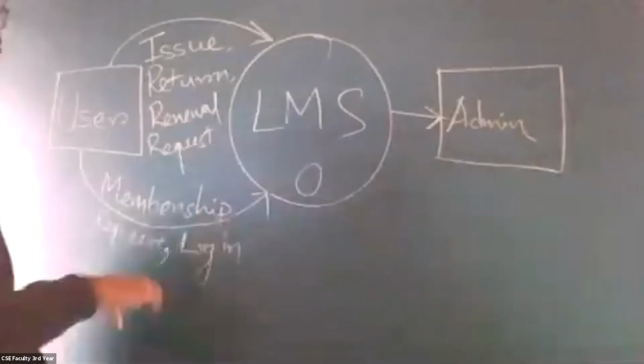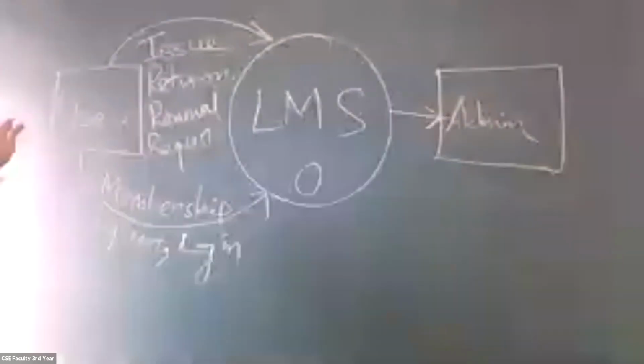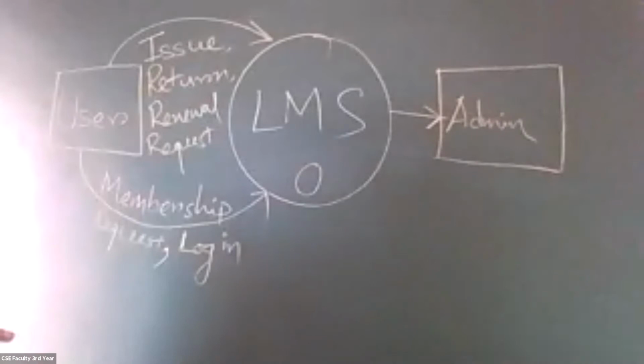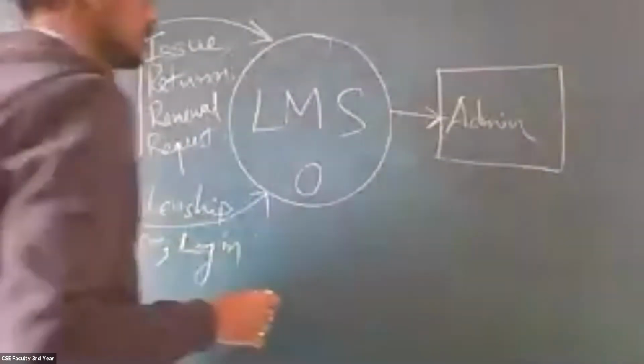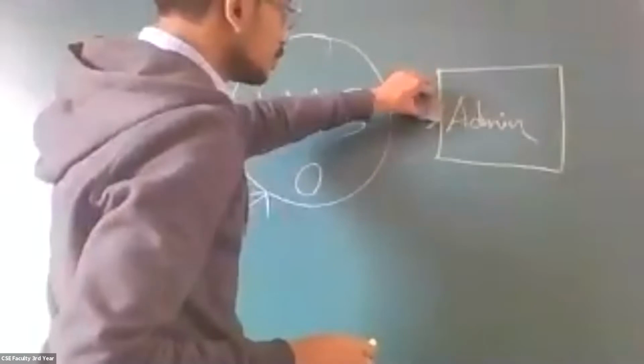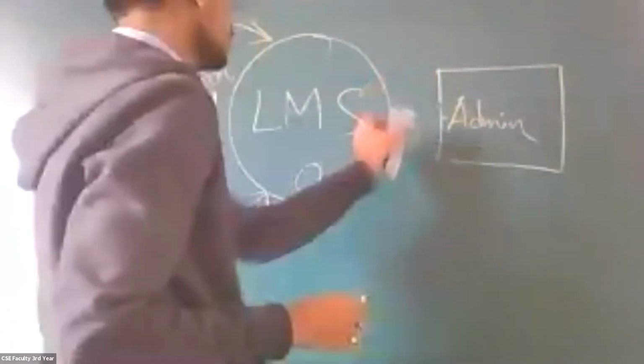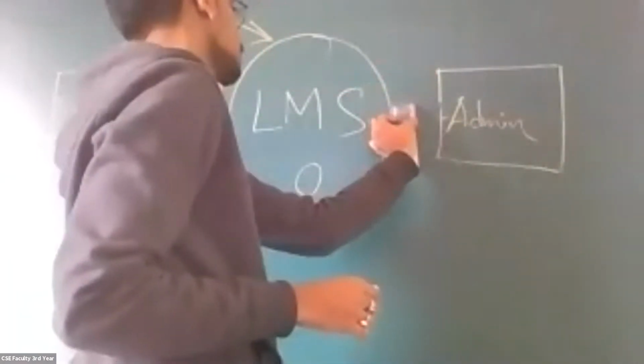Okay. So this is for user to library management system, and now from library management system to admin, which kind of task will perform between library management system and admin? Tell me.